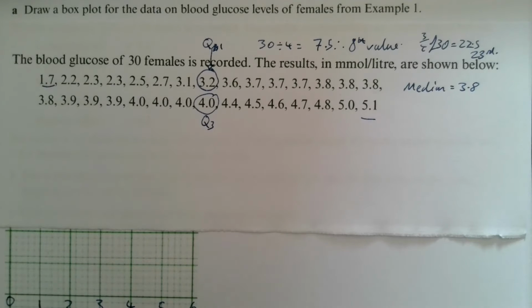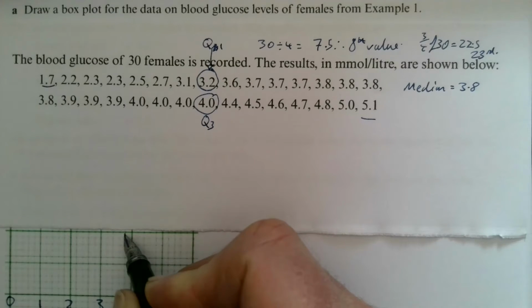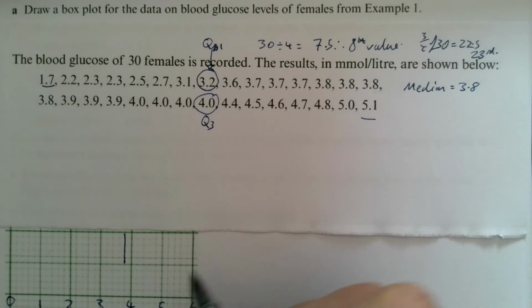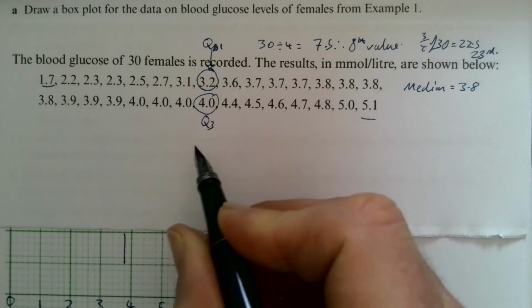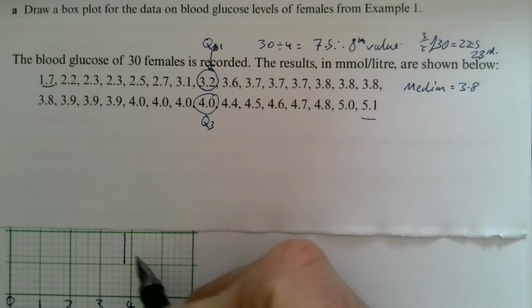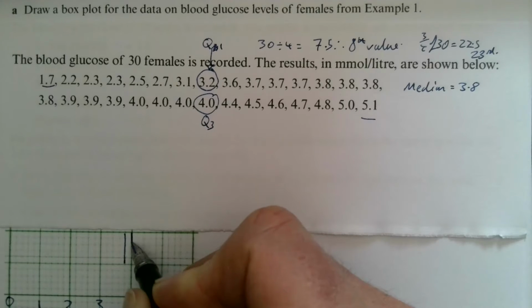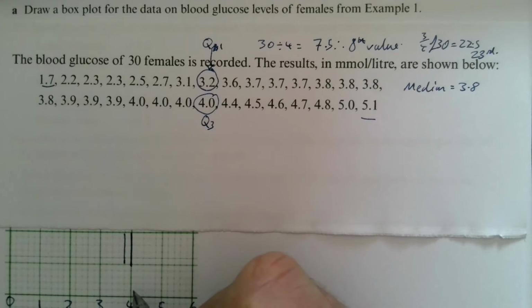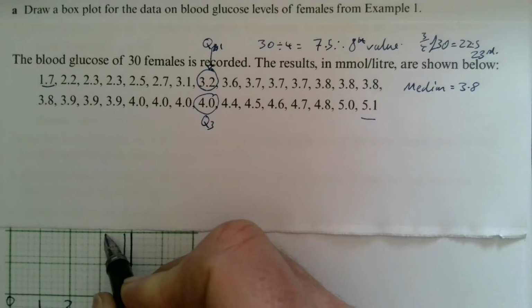I'm going to just leave off the lowest value for now. We know the median's at 3.8, so that's going to be 1, 2, 3, 4. That's going to be just there. We know that the upper quartile is going to be at 4.0, so very close to it. We know the lower quartile is going to be at 3.2.